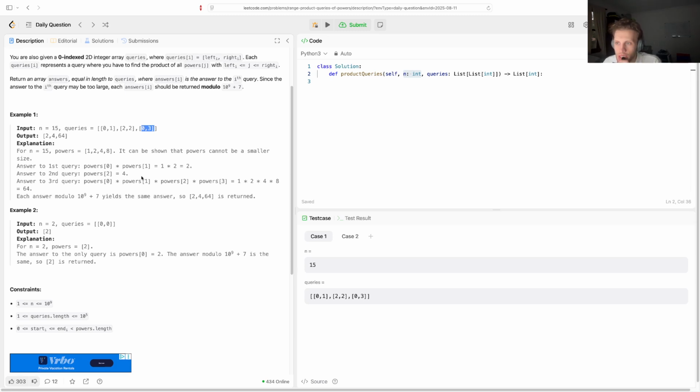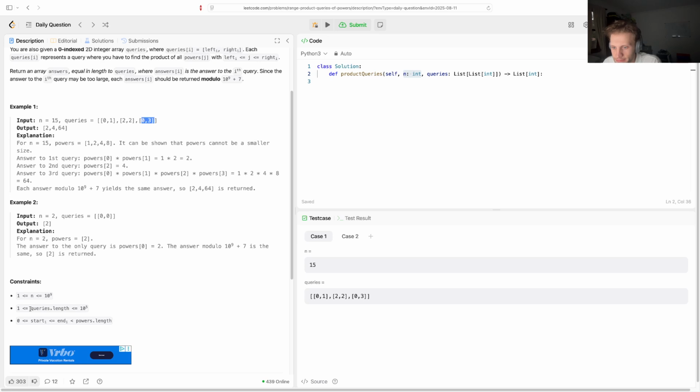Now what's interesting is, what is queries len? 10 to the fifth. Can we brute force this? I think we can brute force this.